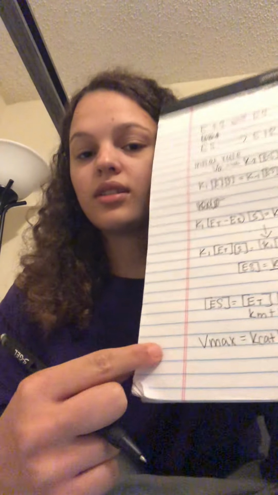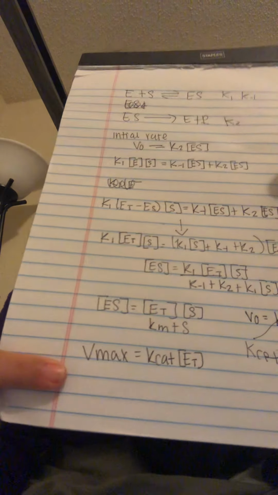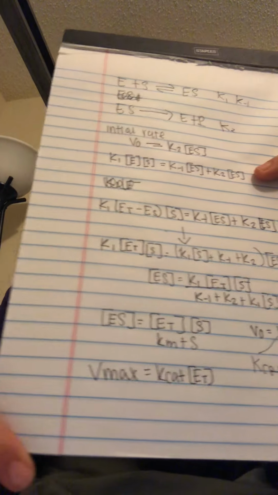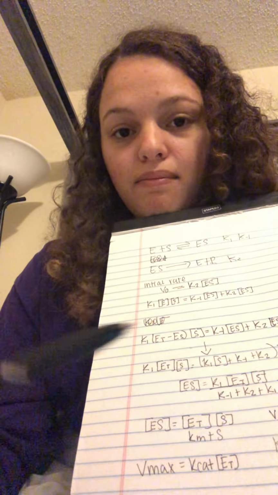And this will give us, like I said, our Vmax into the equation. And you will substitute your Vmax into the equation to get the final form of the Michaelis-Menten equation, which will look like this.